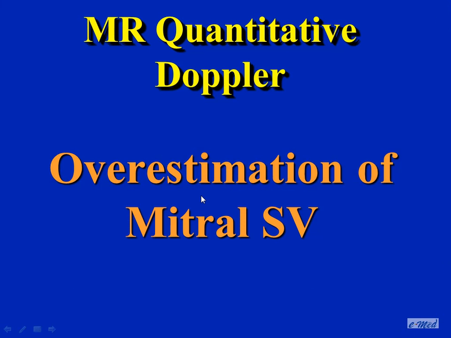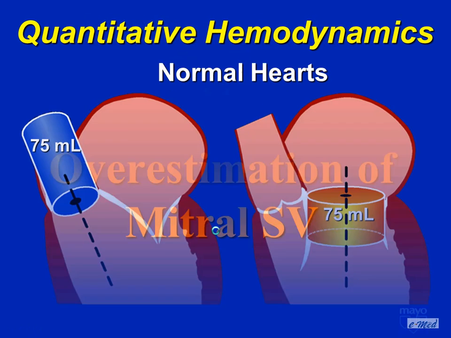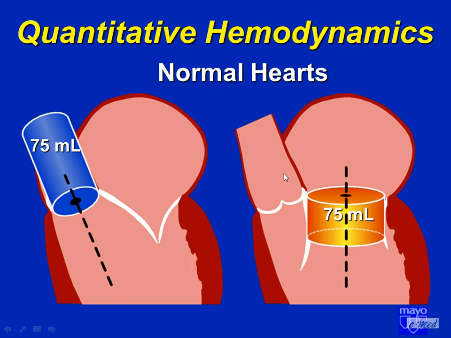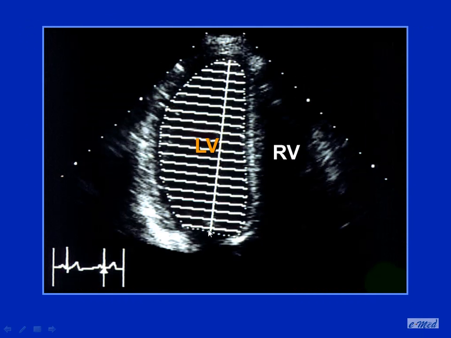And what you need really to do is to address the overestimation of the mitral stroke volume by working first on normal patients who have no regurgitation, and you should find the same amount of stroke volume on the mitral and the aortic. So if you want to use that method, you have to have a little time. If you're in a big hurry, don't do it. And the second, you need to train yourself by doing the normal subject. Or you can verify by measuring left ventricular volume.